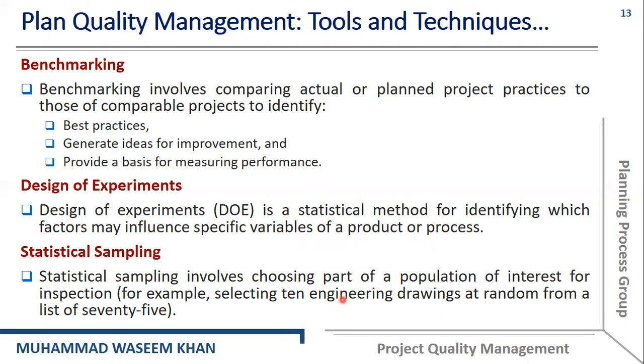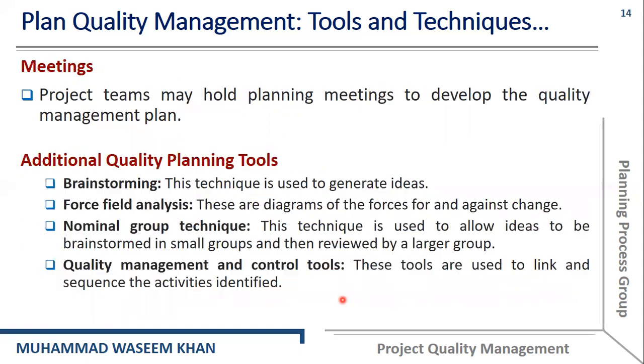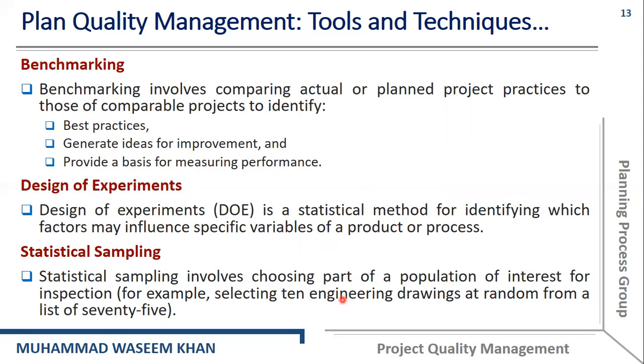Then it is very difficult for us to investigate each and every one of the 75 drawings. So what we need to do is select just 10 engineering drawings out of the 75 drawings. So that is called statistical sampling.